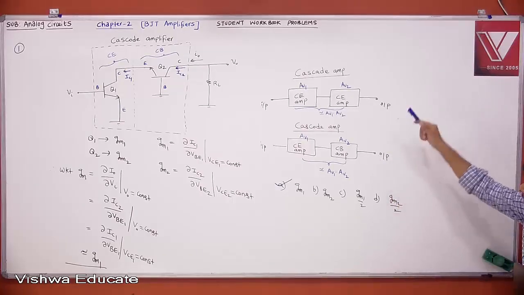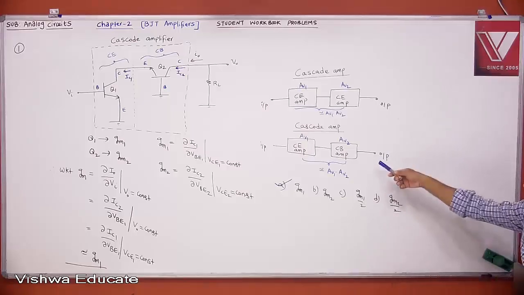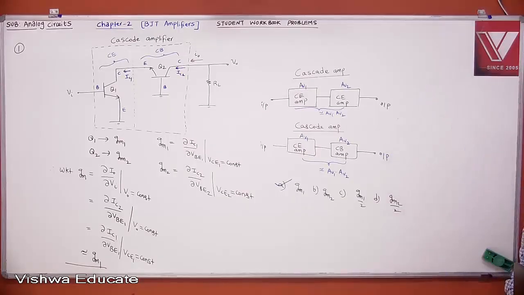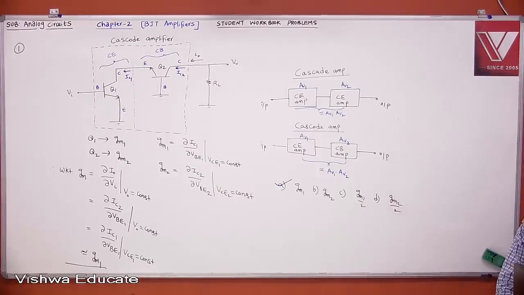That's why you can call this a wide band amplifier with respect to the cascade amplifier. That is the advantage. But gain is almost the same, not exactly the same. Now let's see problem number 2.